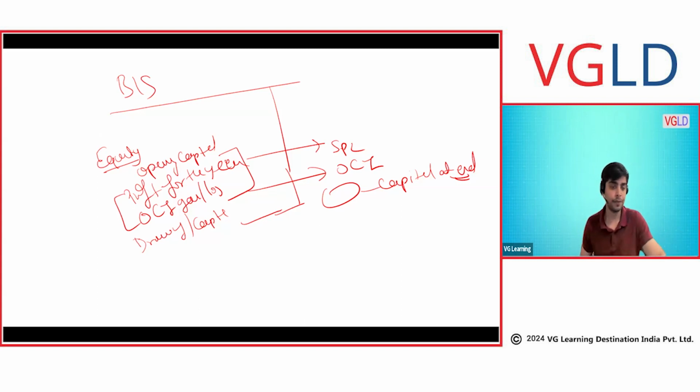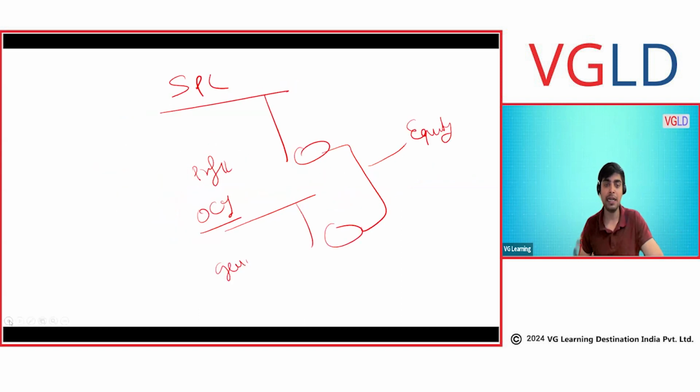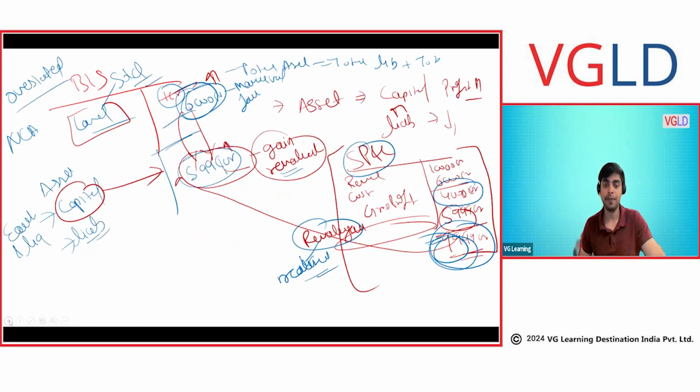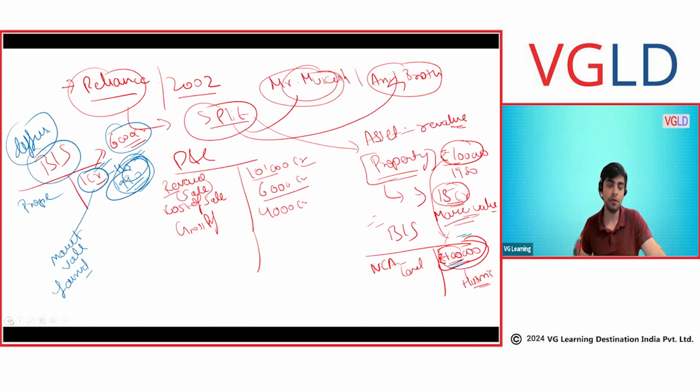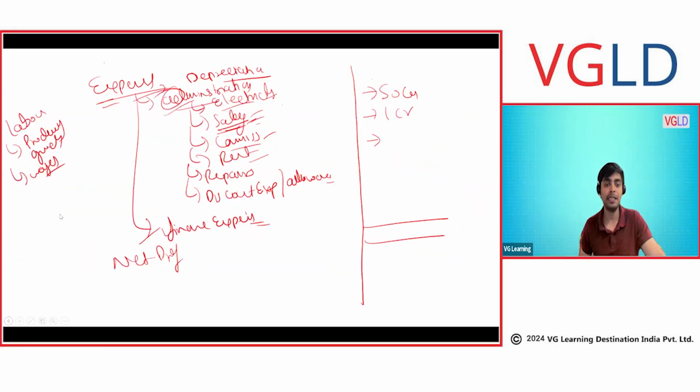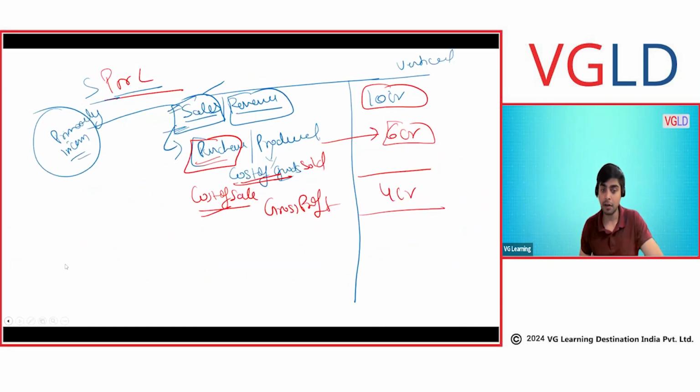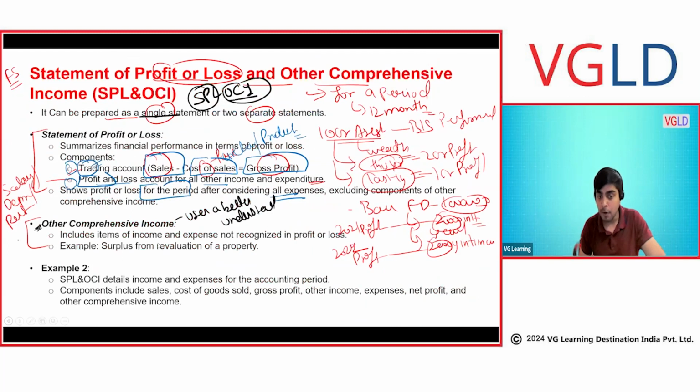Yes. Okay. So with this, we are through with our SPL. I hope now it all makes sense to you when you read it: what is SPL? Statement of profit and loss and other comprehensive income. It includes items of income and expenses not recognized in profit and loss. What items not recognized?